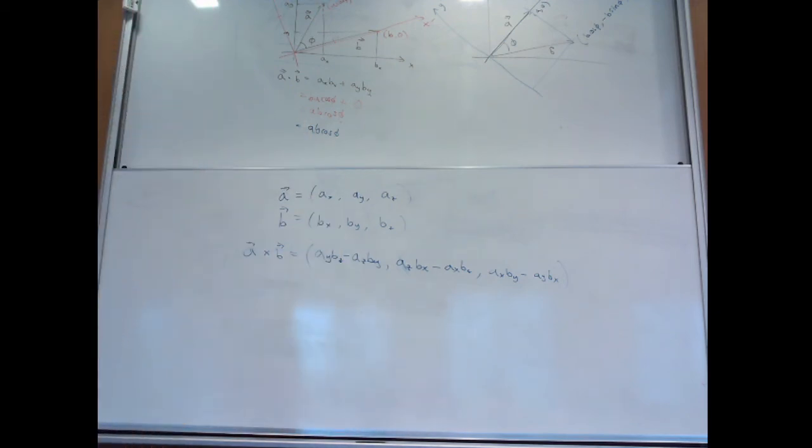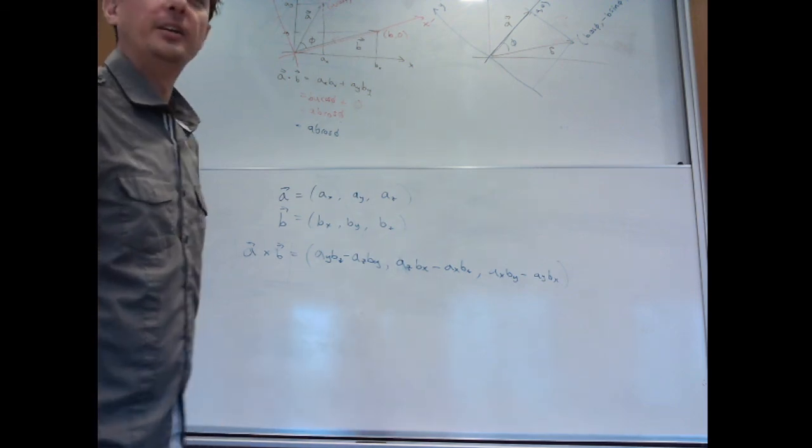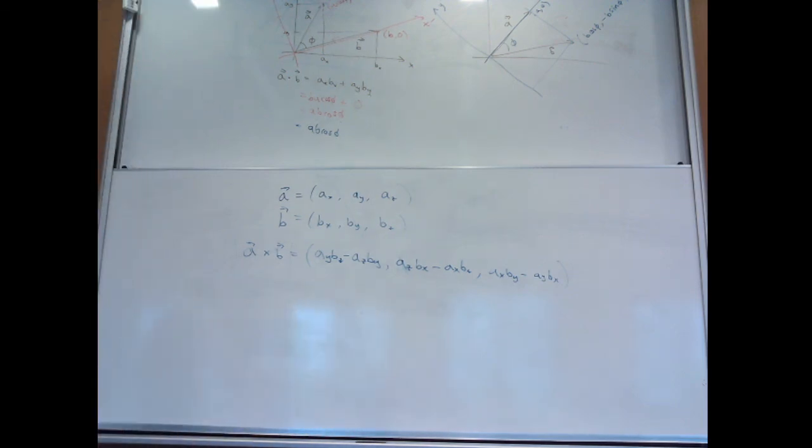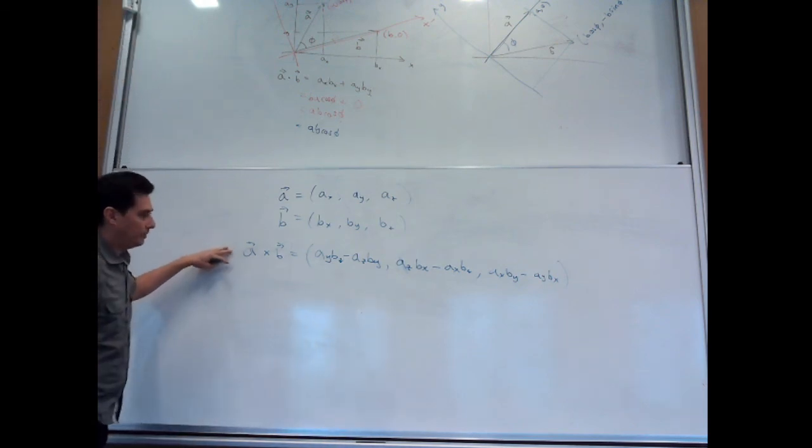This actually, miraculously, does have this kind of basis invariant rules. Pretty strange, but it works. Well, I haven't really proven it to you, but I'm just saying that it does. So that's the fundamental rule of how you do the cross product.